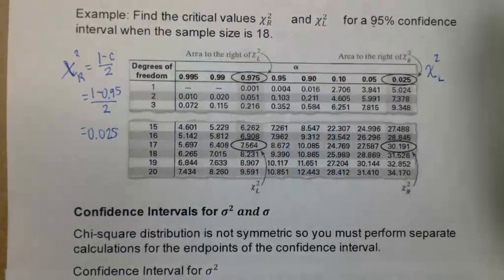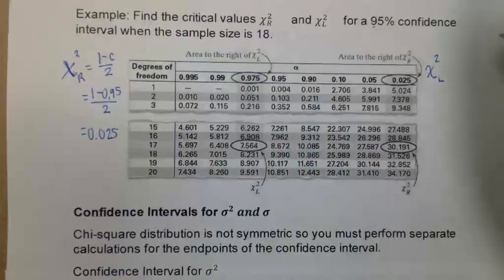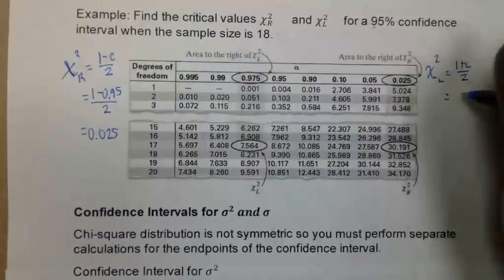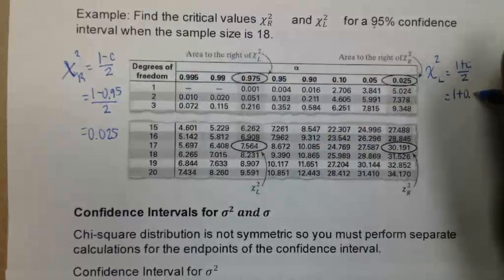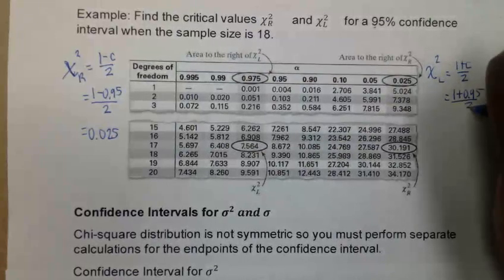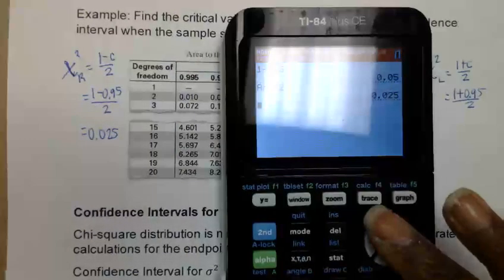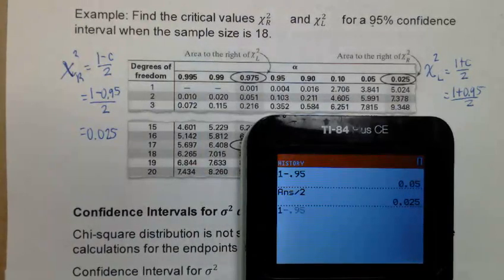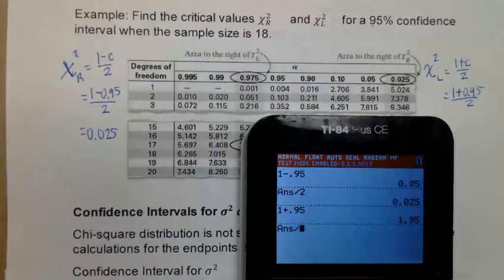For the left, excuse me, it's 1 plus c divided by 2. So 1 plus 0.95 divided by 2. I just went up, copied, plus, divide by 2.